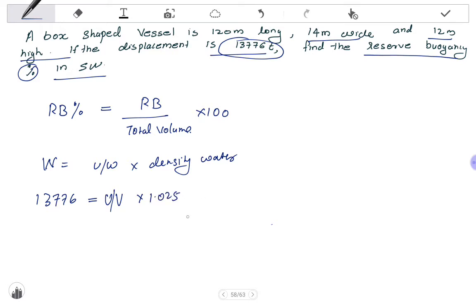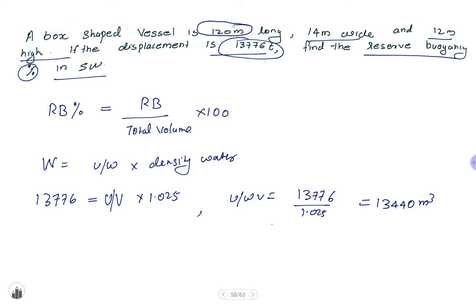That means underwater volume is equal to 13776 divided by 1.025, which we get as 13440 meter cube.